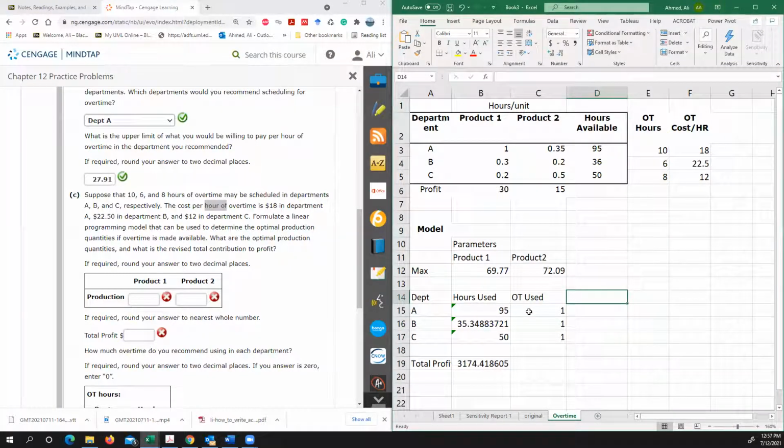Okay, and another thing we should be careful about is that now we have total hours used, OT used, and our available hours are this much. How about if we take a difference between what we use from the regular hours and the overtime hours?